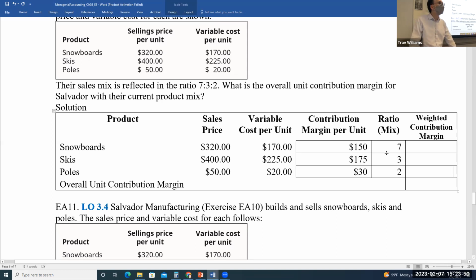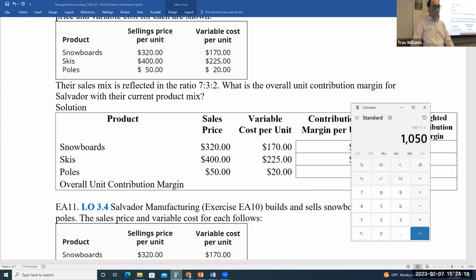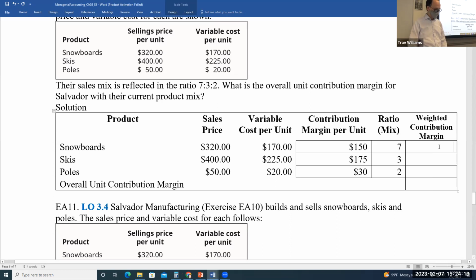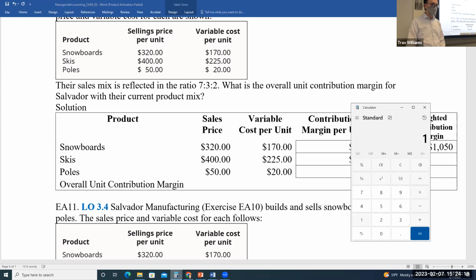Okay. So now what we can do to get our contribution margin per composite unit is we multiply the contribution margin for each product times its number in the ratio. So 150 times 7 gives us 1,050. 175 times 3 is 525.